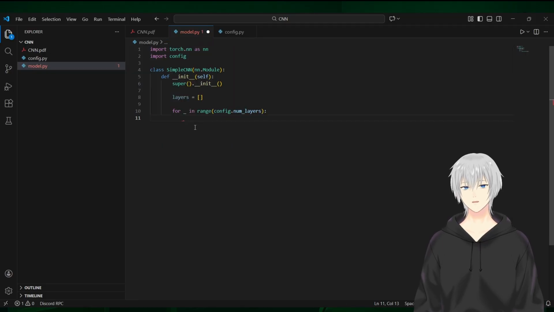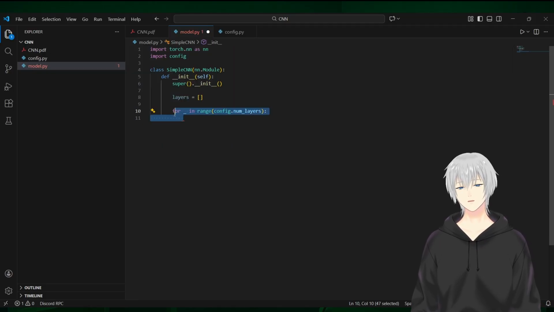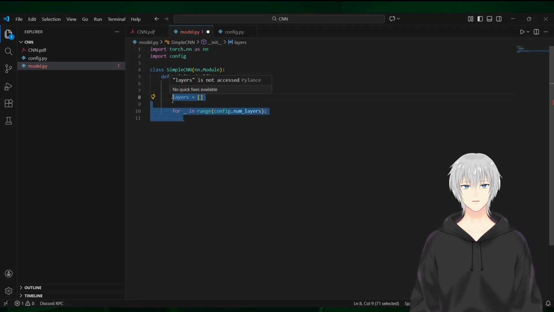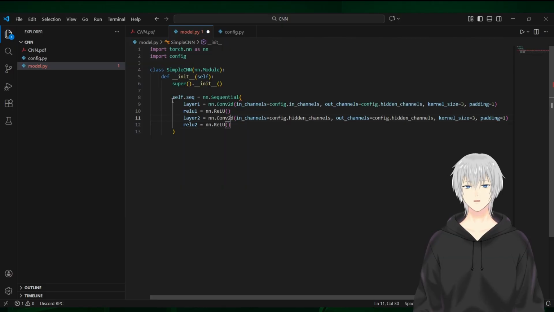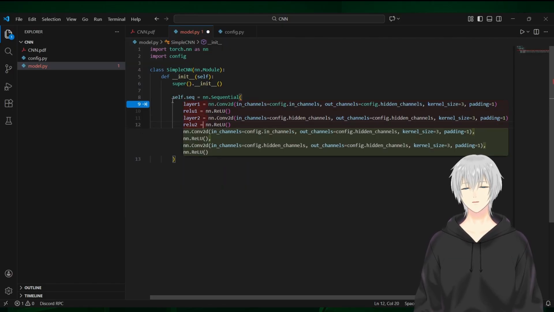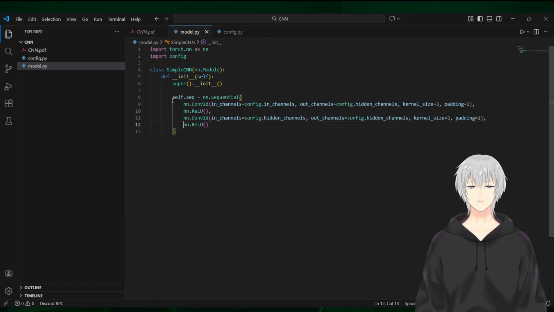I think we are going to have to use a sequential instead of this. We need to do self.sequential is equal to nn.Sequential. And then we do that. Then we need to remove all of these. There we go.